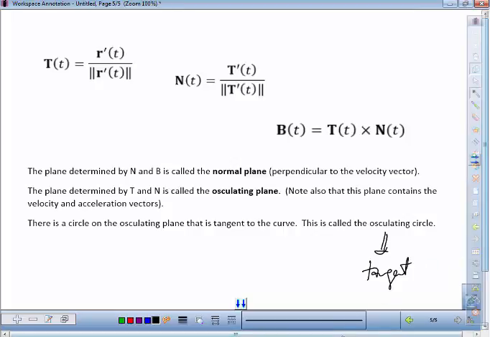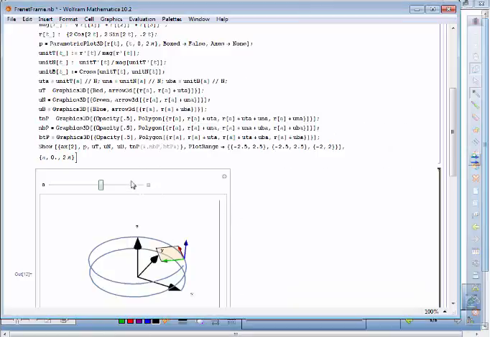So if we come back and take a look at this Mathematica representation, we have the osculating plane. Think about you in a roller coaster, in a car, the car in a roller coaster, and then the floor of that is the osculating plane.